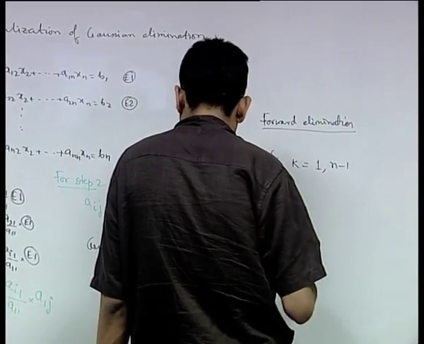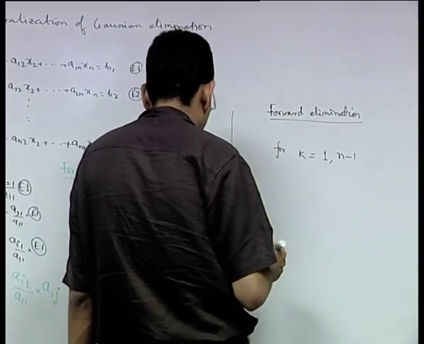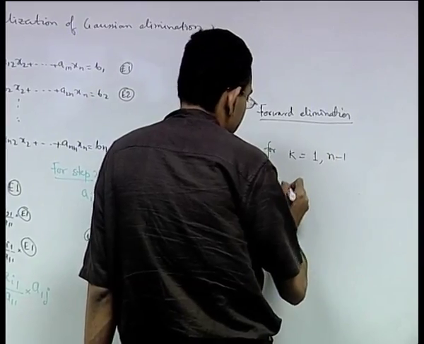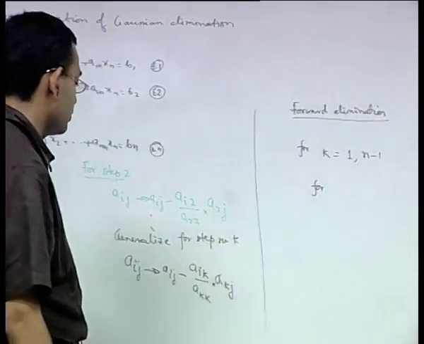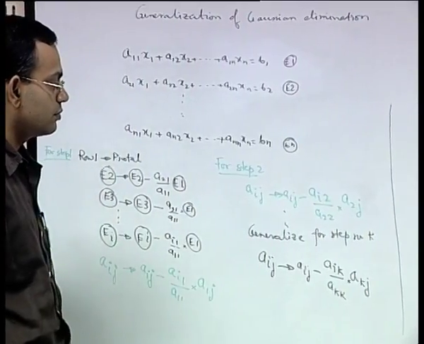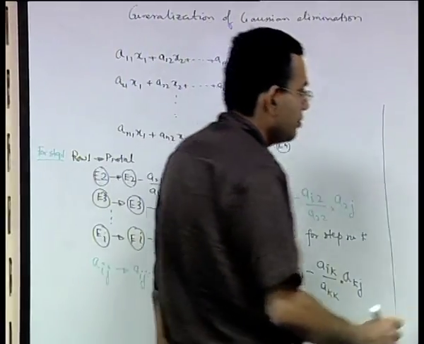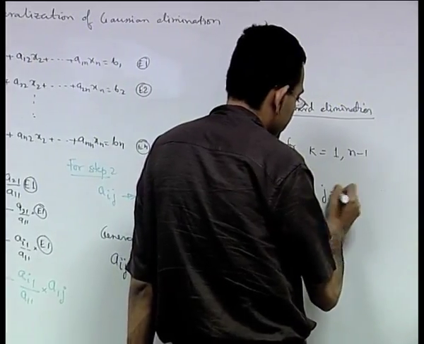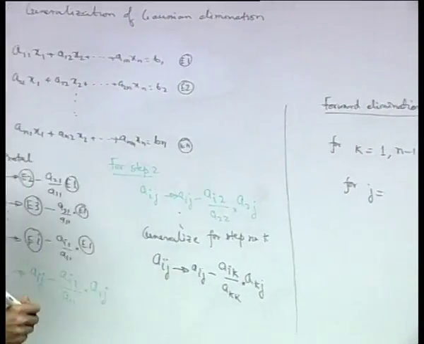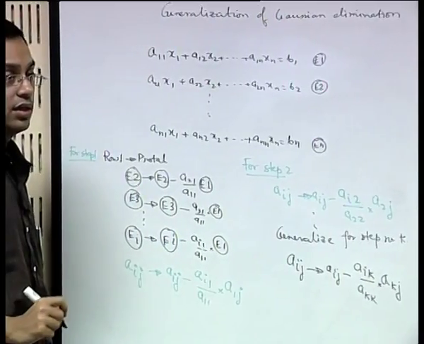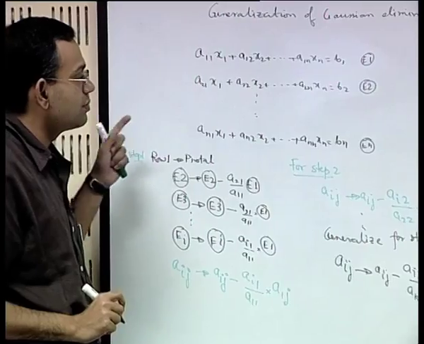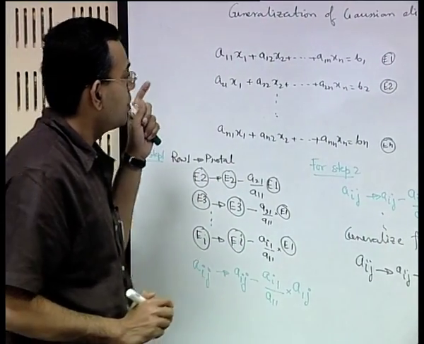Then for j, what columns are you eliminating?